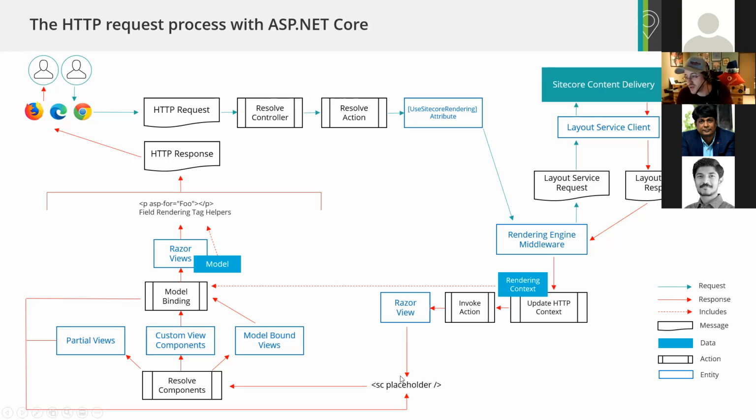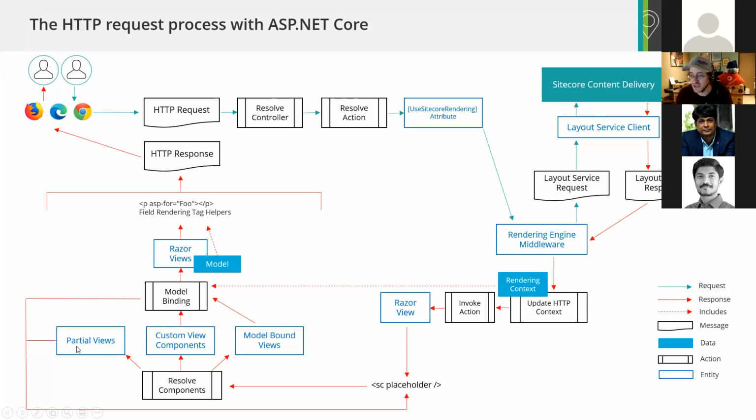One of our important tag helpers is the Sitecore placeholder, which functions just like the placeholder you know and love, with one important addition, and that's that it's going to basically resolve the components that come back in the layout service output.